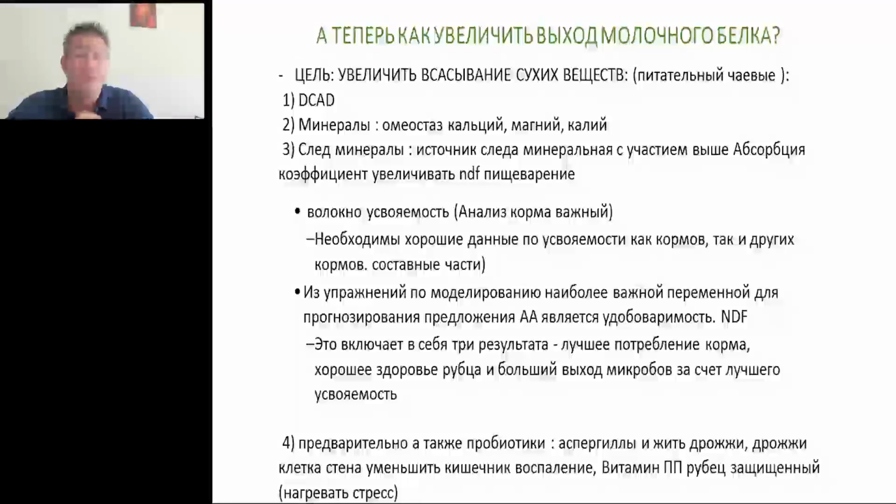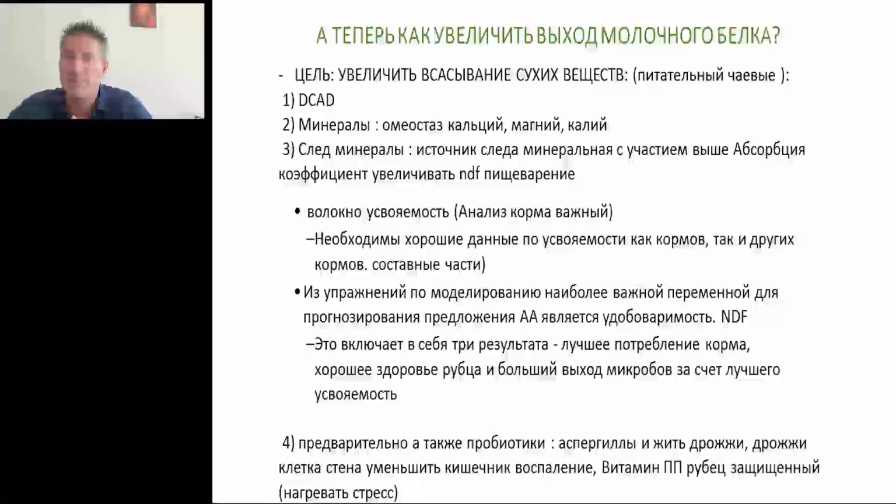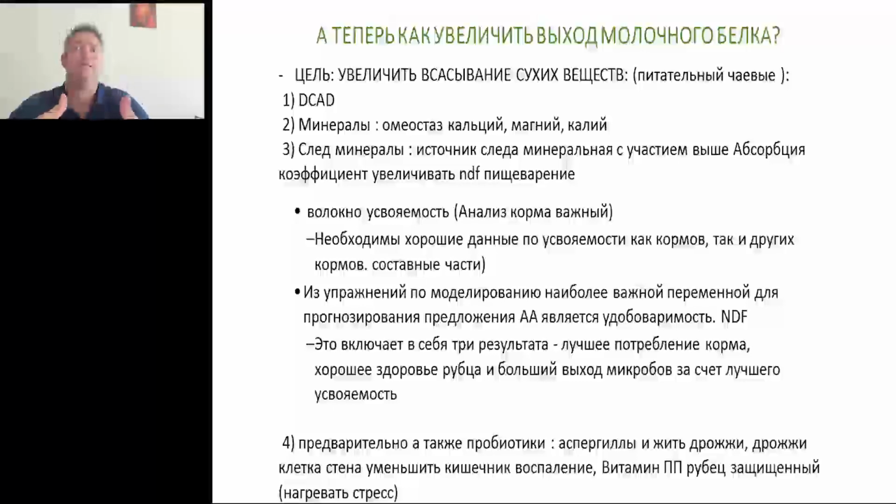And then the fourth point is the use of probiotics. It's very helpful, especially in conditions of heat stress, like using live yeast, Aspergillus oryzae and niger, and yeast cell wall that works especially in the second part of the GIT, the gastrointestinal tract, and also vitamin PP or niacinamide that, in the summertime, rumen protected, helps a lot to reduce the temperature in the body.